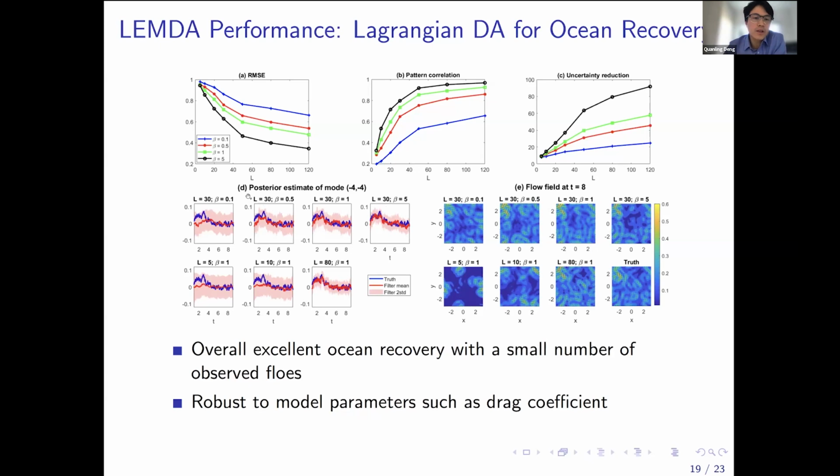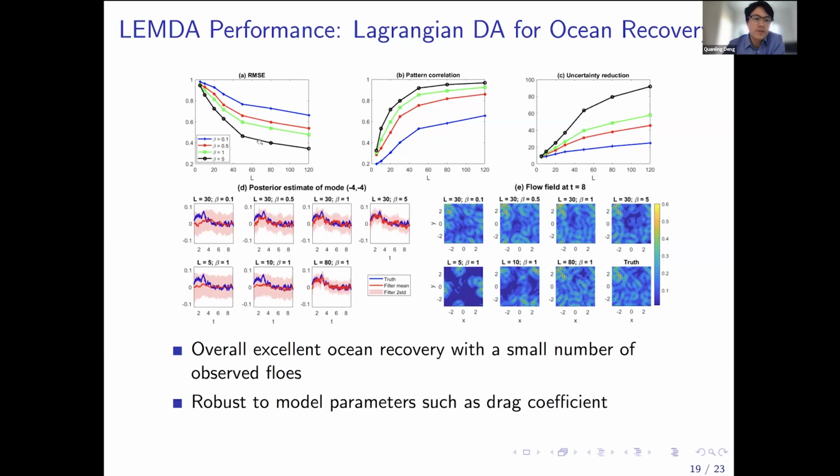And then roughly we observe that as the number of particle floes increases, like from say 20 to 100, the root mean square error decreases, and for all the scenarios of this ocean drag forces.